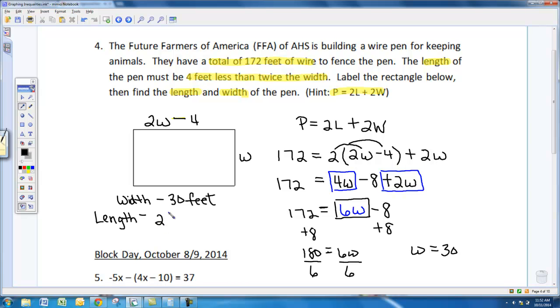So we will substitute 30 for W. So 2 times 30 minus 4. 60 minus 4. That means that our length is 56 feet. Now we have answered both questions in the problem. What is the length and width of the pen? And we used units in our answer.